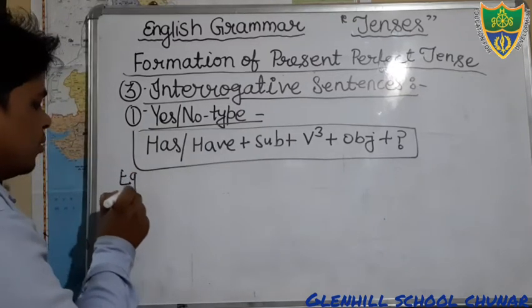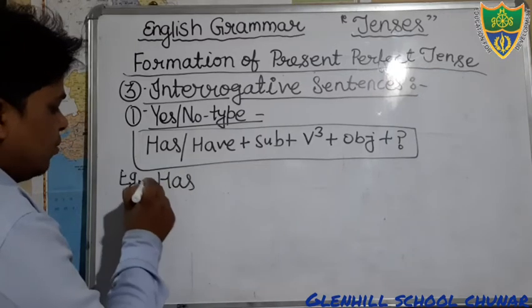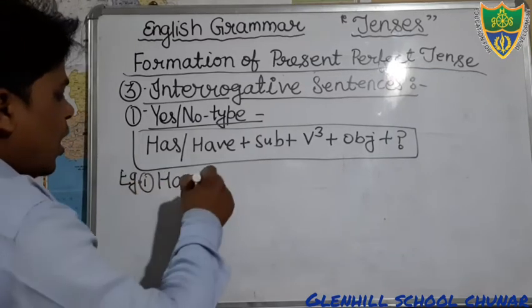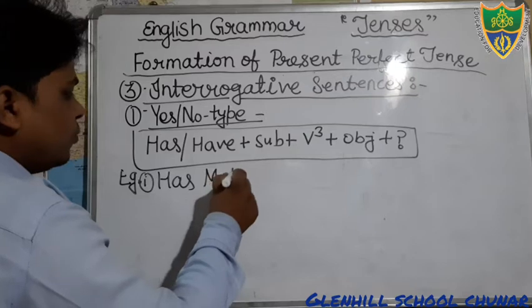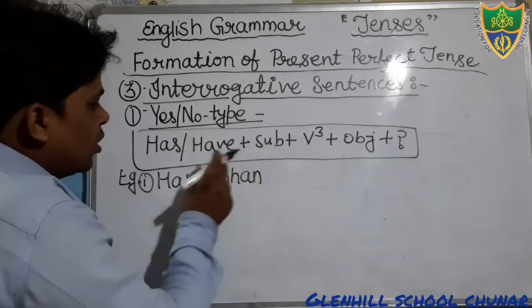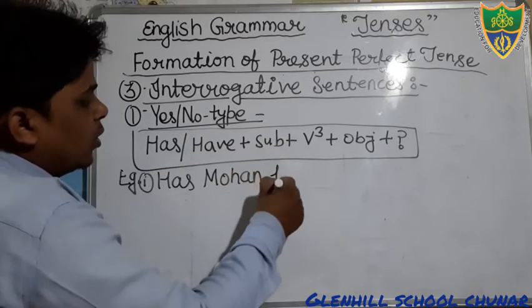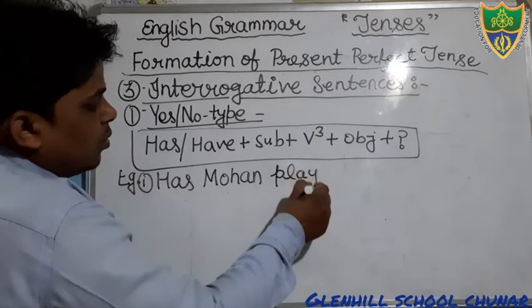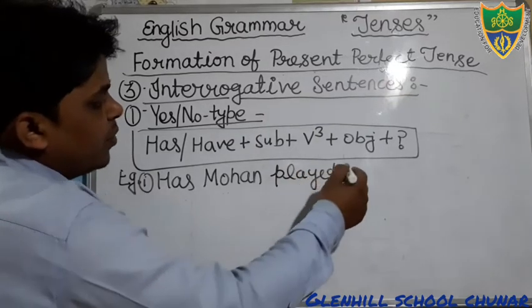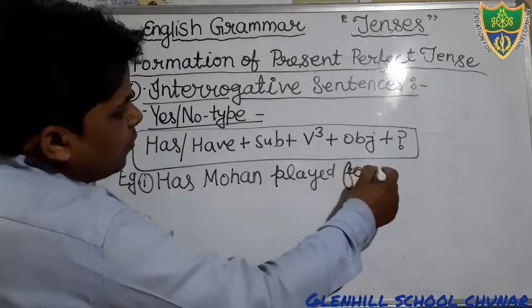Example we can see. Okay, so just see here, first example, has Mohan. You can see that is your helping verb, that is your subject. Has Mohan played, played is the third form of the verb, football.